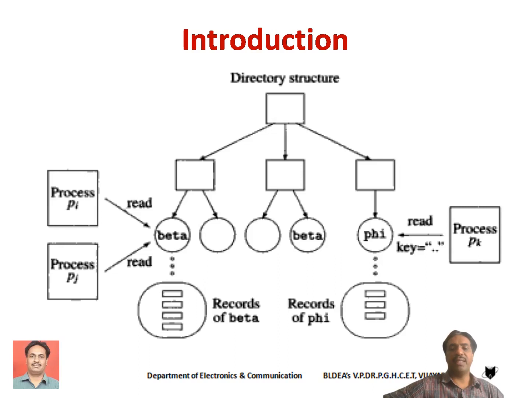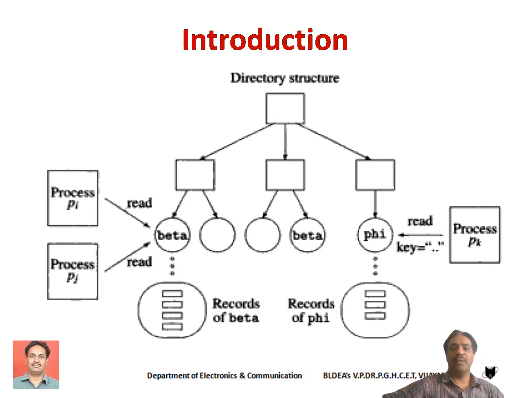In this example, we have many files, such as beta is one file, phi is another file, and so on. These files in turn may contain records. Here we have shown the records of the file beta, the records of the file phi, and so on.